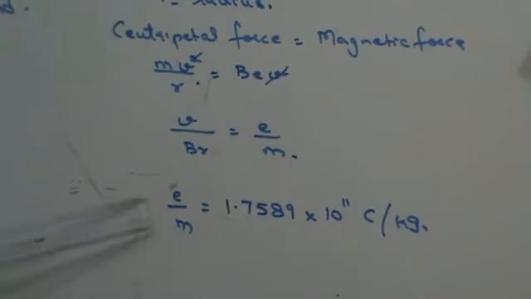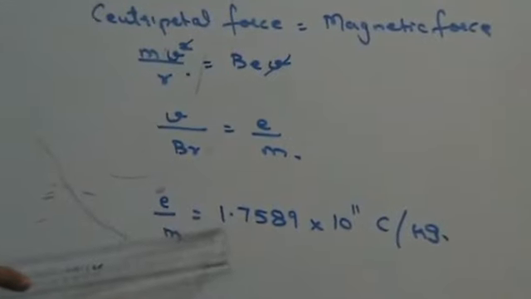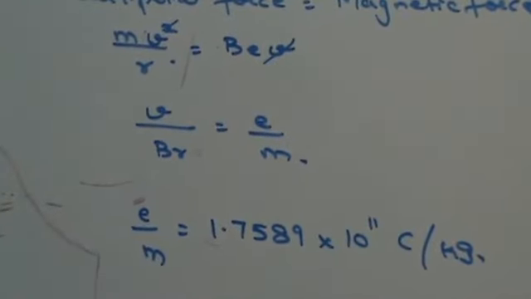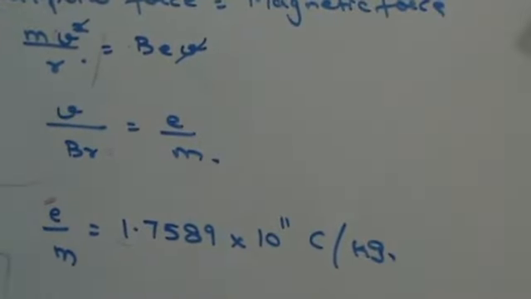as 1.7589 into 10 raised to 11 coulombs per kg.